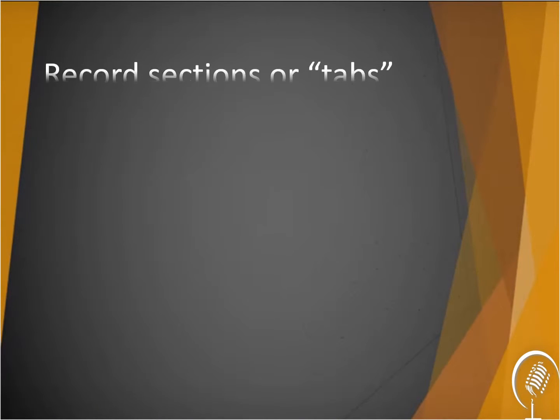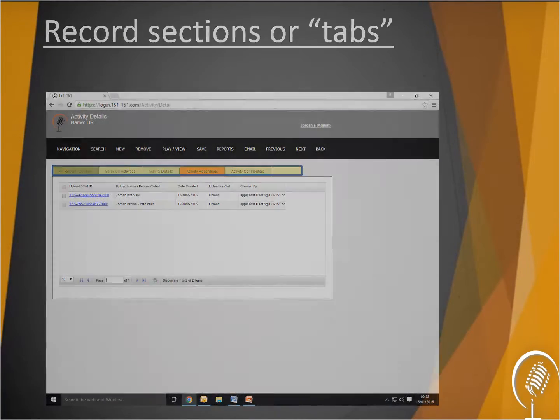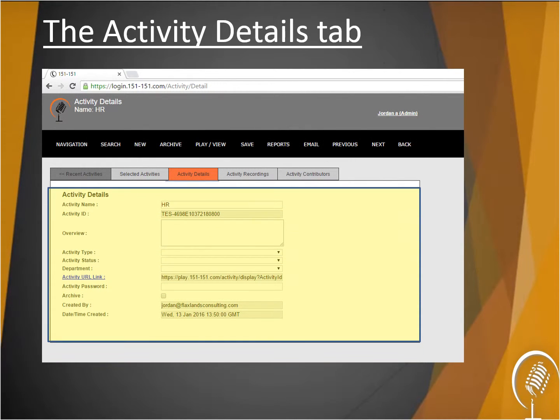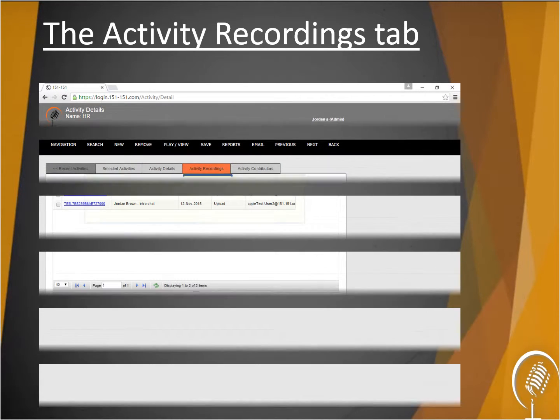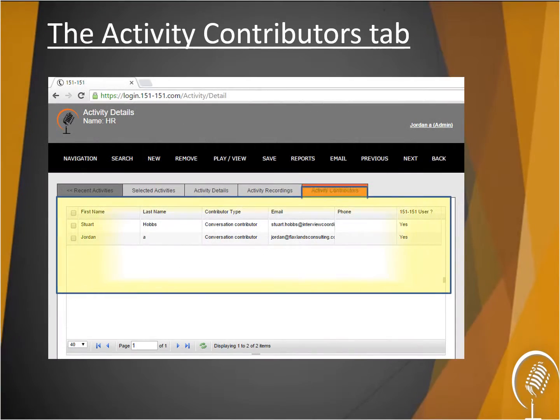Each of the 151 record types has a series of sections or tabs. An activity record has the following sections. Activity details. This tab shows the details of the activity. Activity recordings. A list of recording records linked to the activity. And activity contributors. A list of people who have access to the activity.